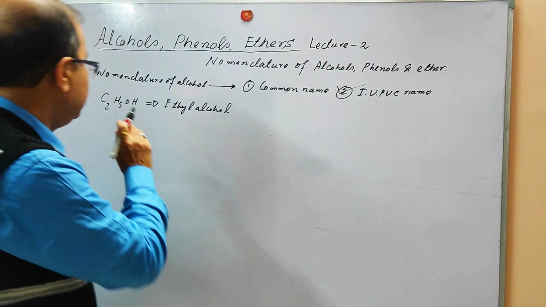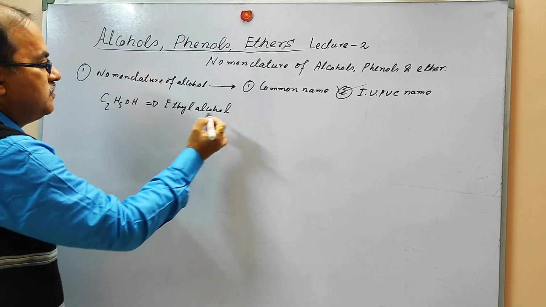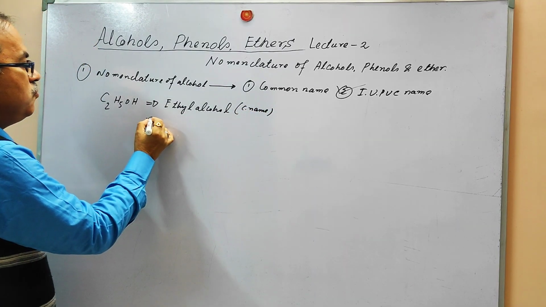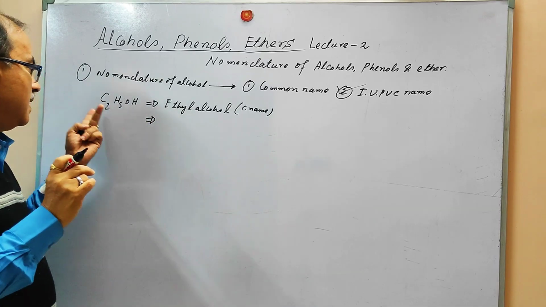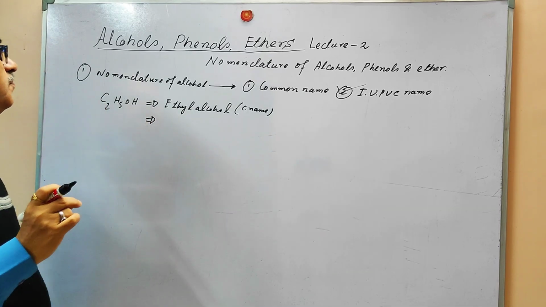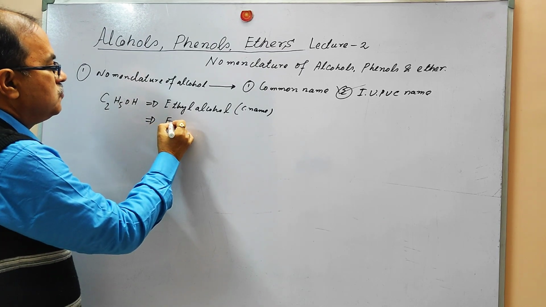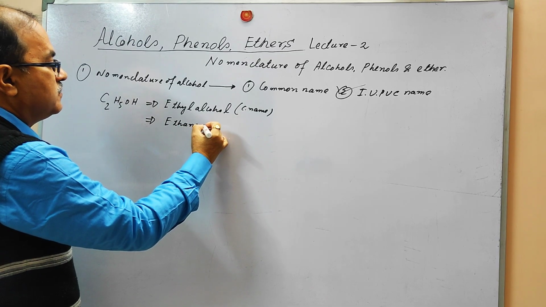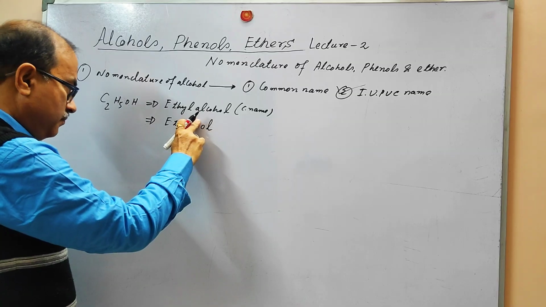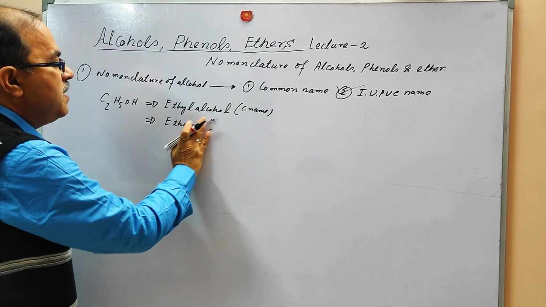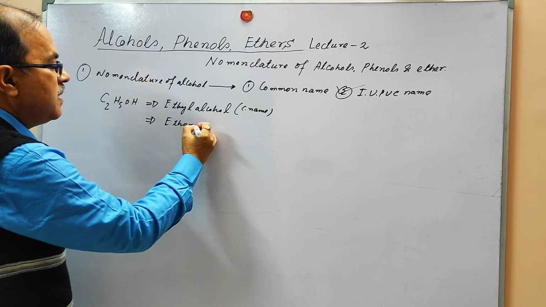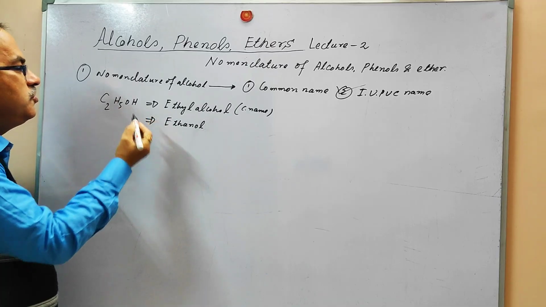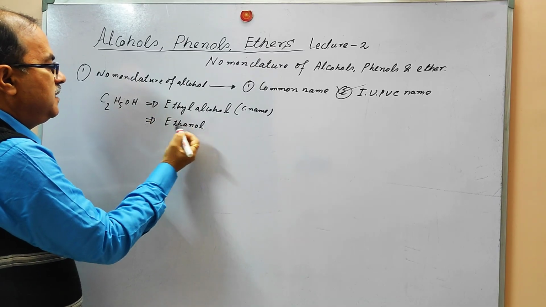As for example, this C2H5OH has the common name ethyl alcohol, and its IUPAC name will be from the alkane from which this alcohol is prepared, that is ethane. So first we write ethane, then we give the suffix OL, but we remove the E. So the name of this compound will be ethanol. So the IUPAC name of C2H5OH is ethanol, right?